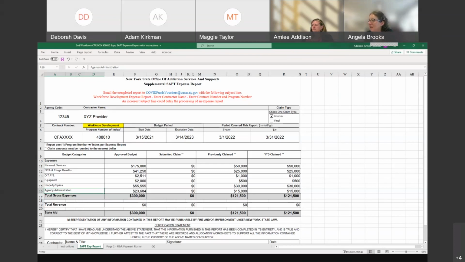All right. If we have 3 budgets within our contract, do we submit one form or 3 separate forms? You have to submit an expense report for each program per initiative. So I'm thinking you have 3 programs with multiple initiatives.